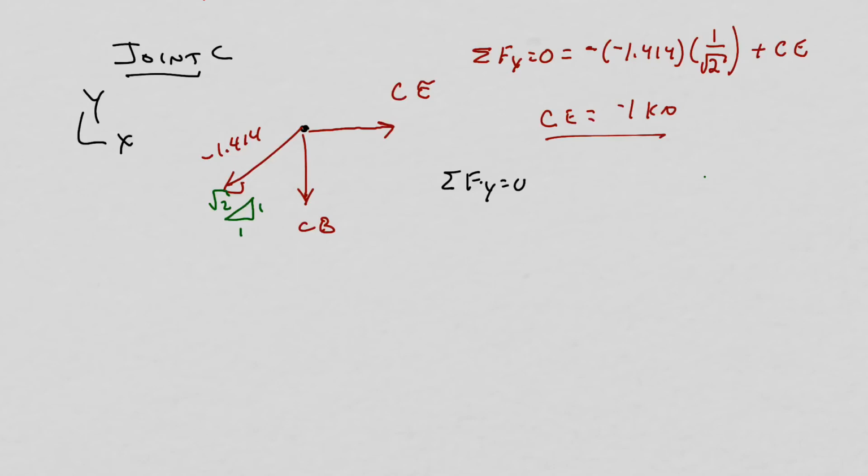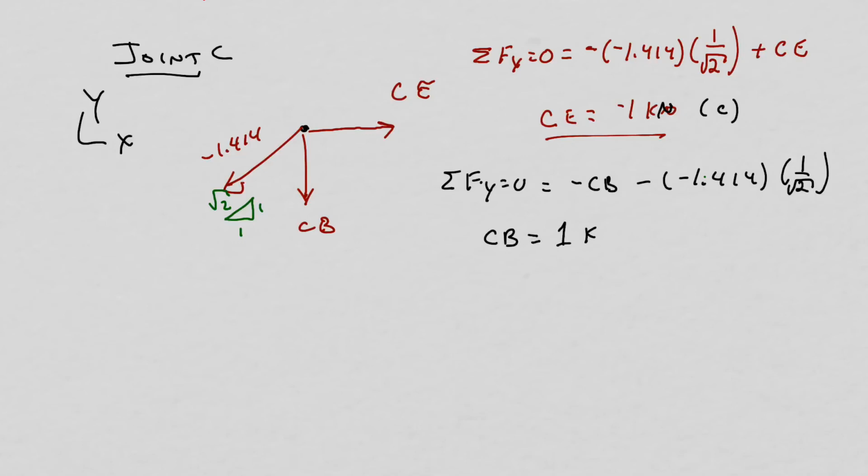So again, this is in compression. If I sum forces in the Y direction, I have a minus CB minus a minus 1.414 times 1 over the square root of 2. I can solve for CB. CB will then equal 1 kilonewton.